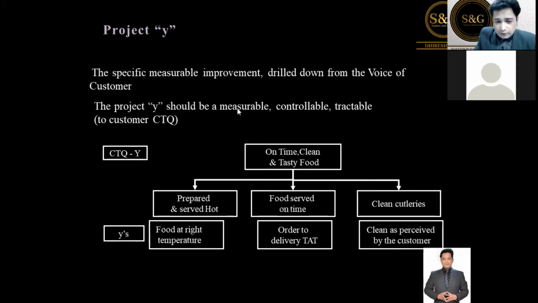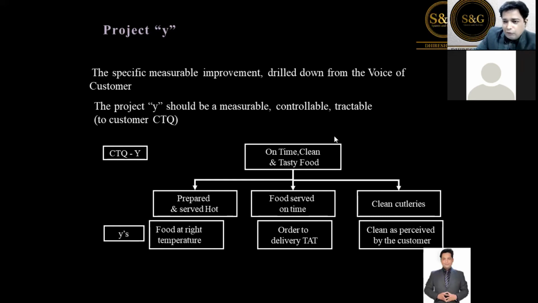Now these are the characteristics of Project Y. It should be measurable, it should be controllable, and it should be tractable. What is tractable? Tractable means it should have alignment with the voice of customer. So let's take an example. I'll give you a couple of examples just to clarify this concept.